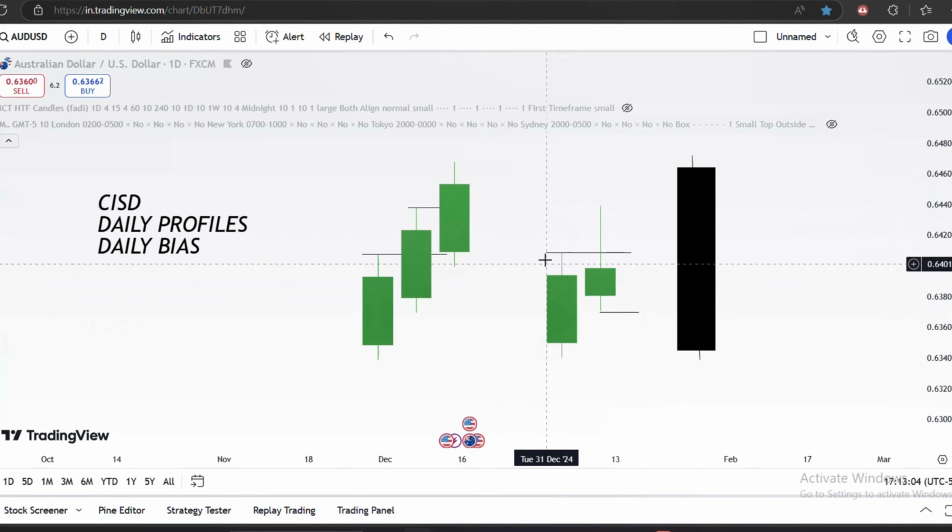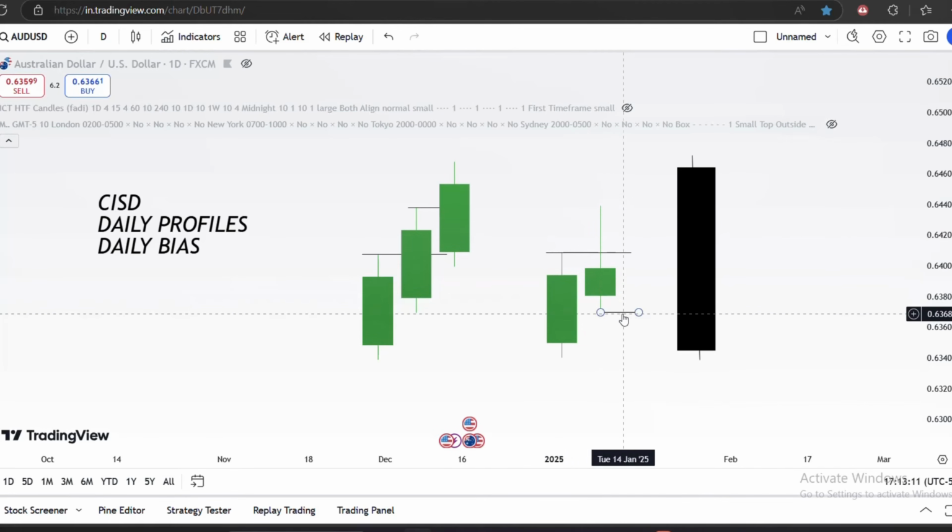In a situation where the next candle takes the previous candle high and closes inside, then we will expect the next candle to take this high, right?